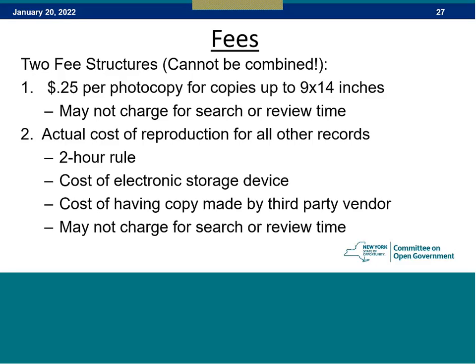One of the factors that is allowed to be considered is if it will take at least 2 hours for an employee to prepare a copy of the record, the agency is permitted to charge the hourly salary of the lowest paid employee capable of performing the task.